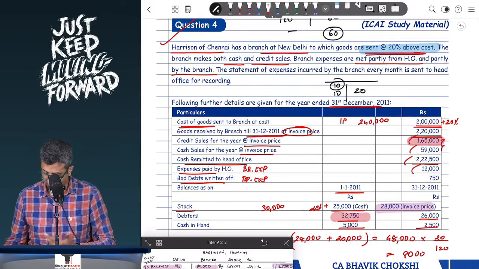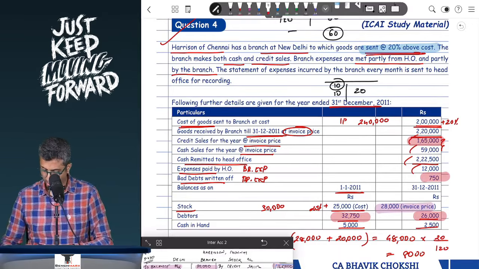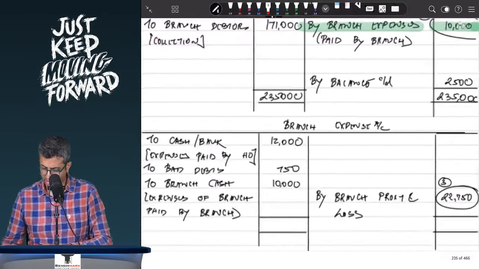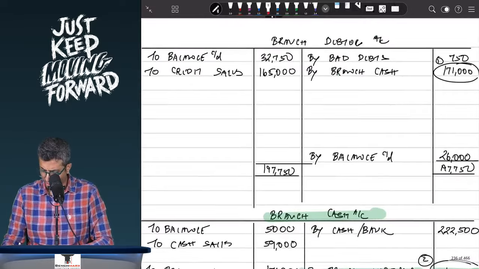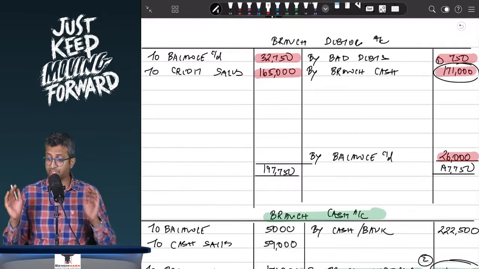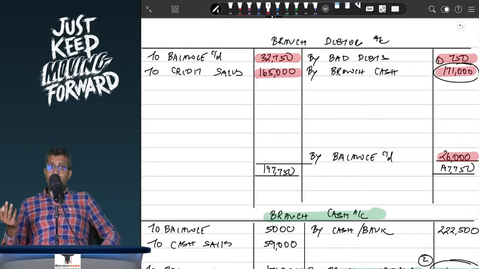Then there will be some collections. I don't know what the collections are, but closing is 26,000. There will be some bad debts worth, how much is that? 750. So over here, when you look at the debtors account, 32,750, 165 credit sales, 750 for bad debts, closing is 26 and 171. This is 171 received in branch cash.